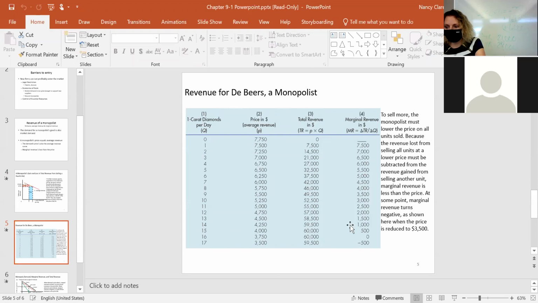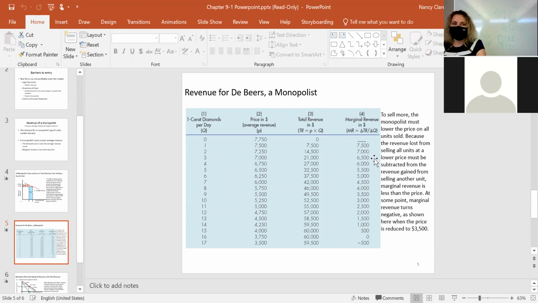And then your marginal revenue is the difference. How much is total revenue going up when we sell 1 additional unit of this good? And here's the 6,000 we just calculated, right? As we went from 21,000 to 27, or 3 diamonds to 4 diamonds, you can see that our marginal revenue was 6,000.